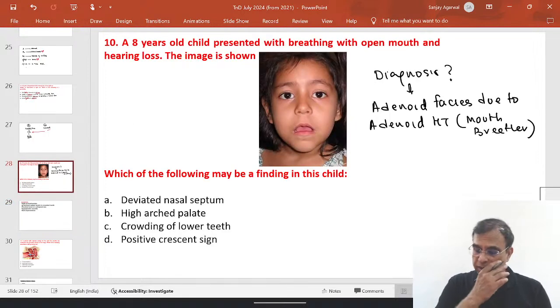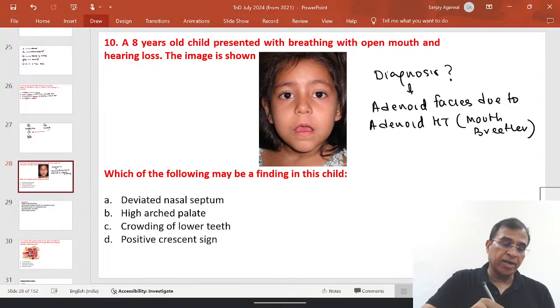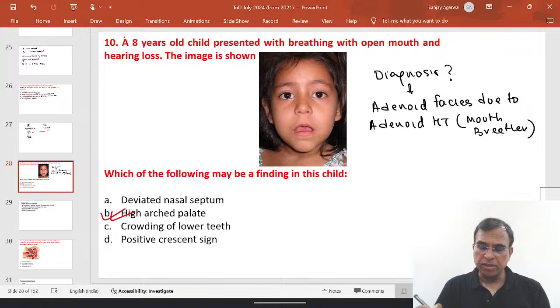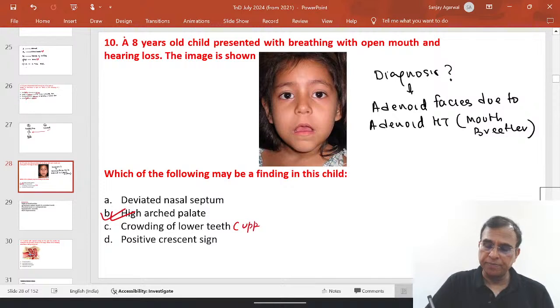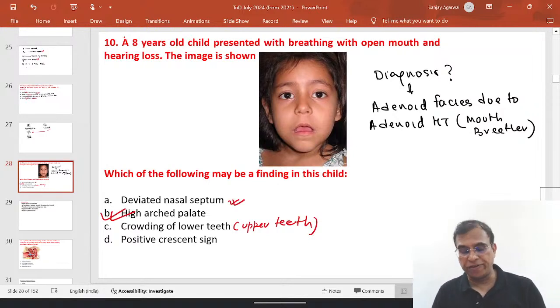Only high arched palate out of the 5 is given. The rest, crowding of the upper teeth, not lower. In this patient, it is upper teeth. And there is no DNS. DNS has nothing to do with adenoid faces.